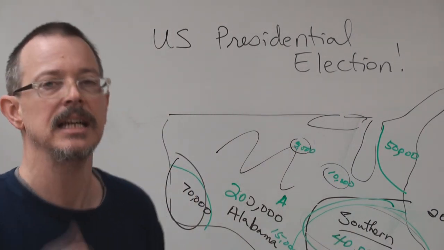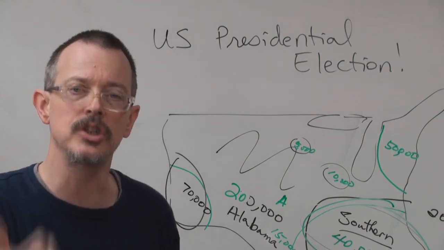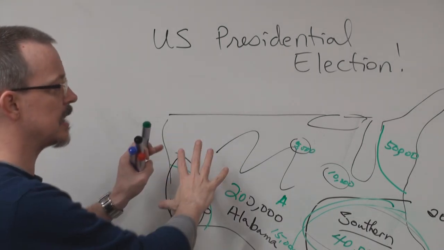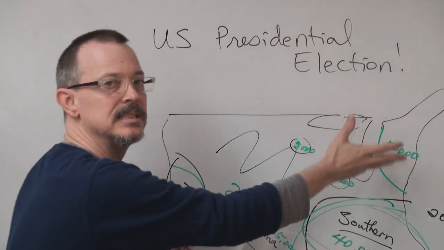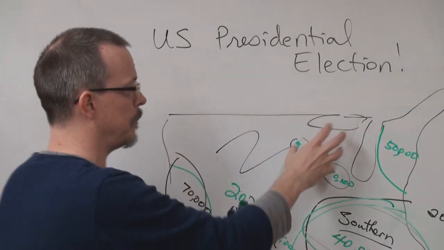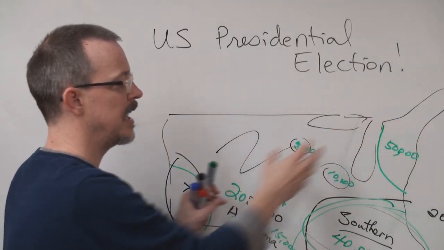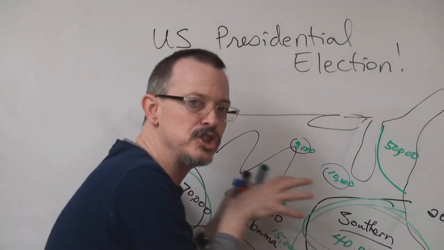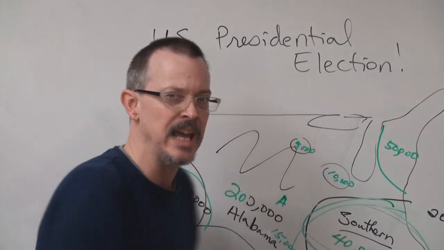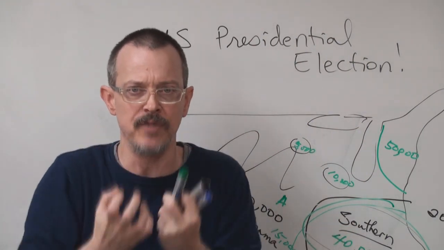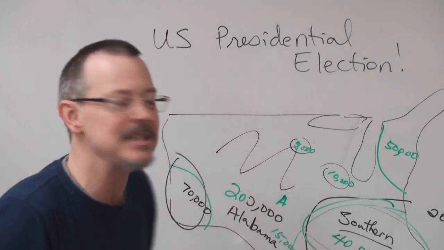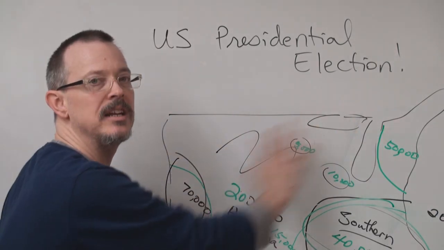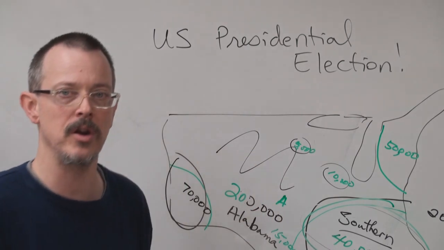In this case, the Electoral College is good, because the Electoral College balances everybody. Everybody gets a representative. And just because you're popular in the South and you get everybody's vote in the South doesn't mean you're going to win the rest of America.